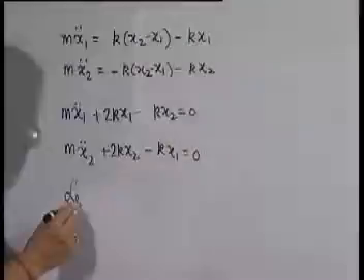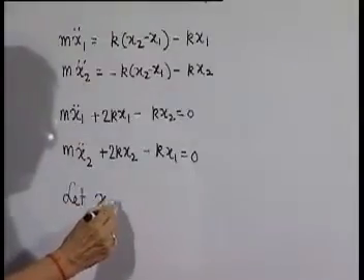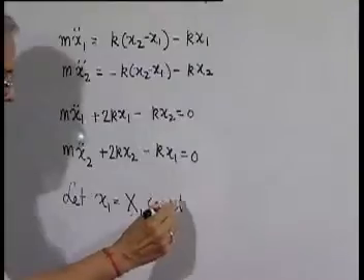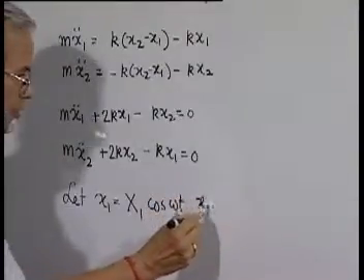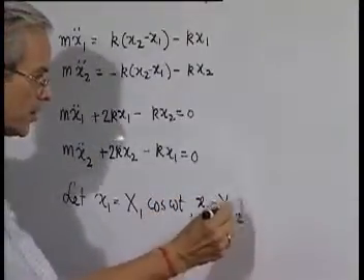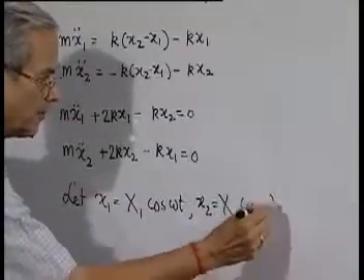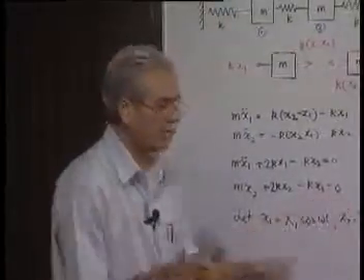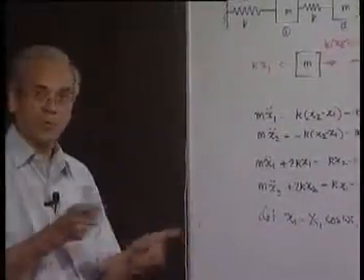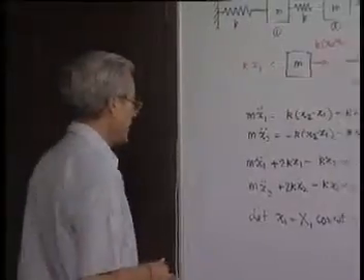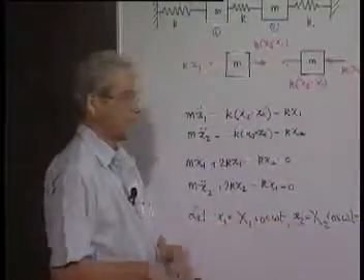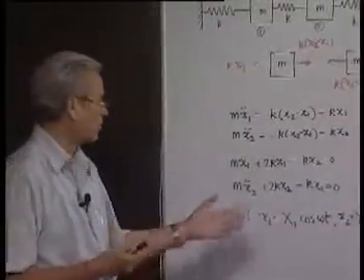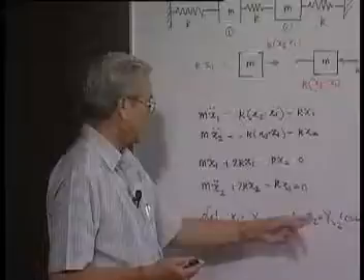Now, the technique of solving this set of homogeneous equations will be that since we are studying only natural mode oscillations, we will assume that both x1 and x2 are simple harmonic functions of time with the same frequency. So, let x1 be equal to capital X1 cosine omega t and x2 is equal to capital X2 cosine omega t.